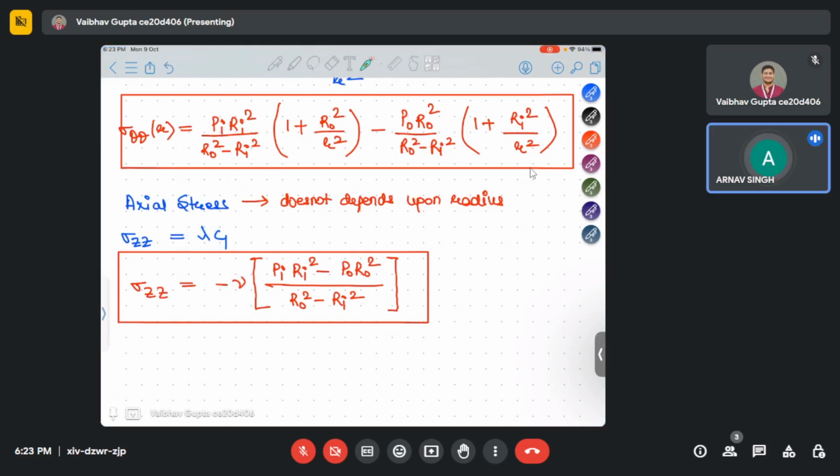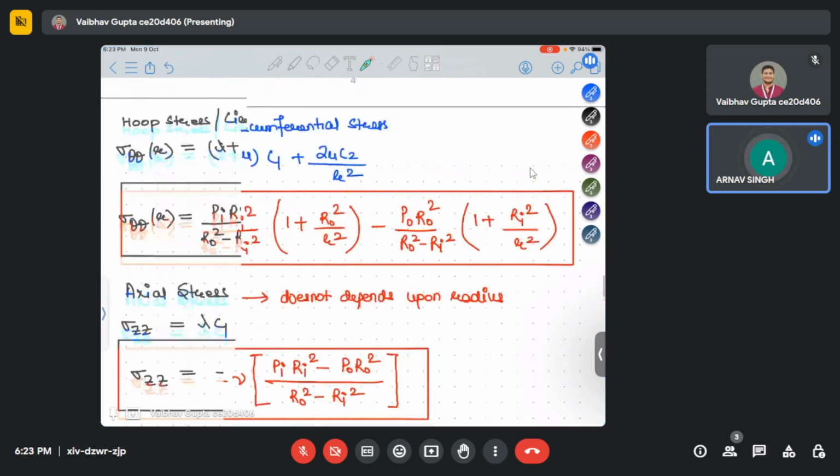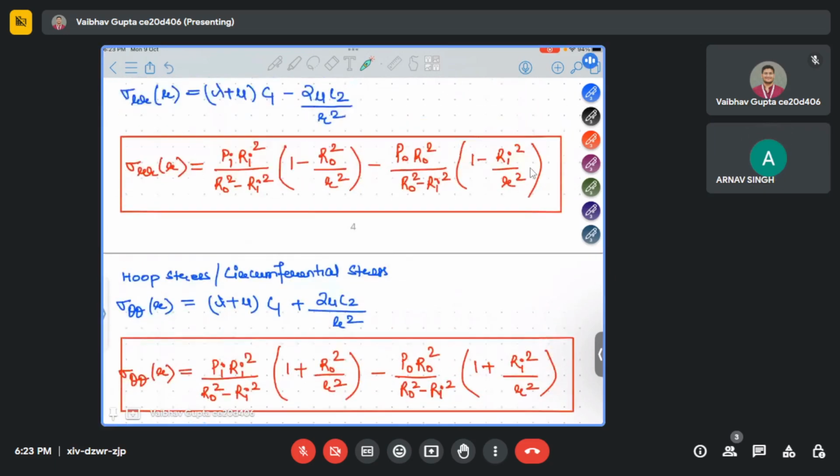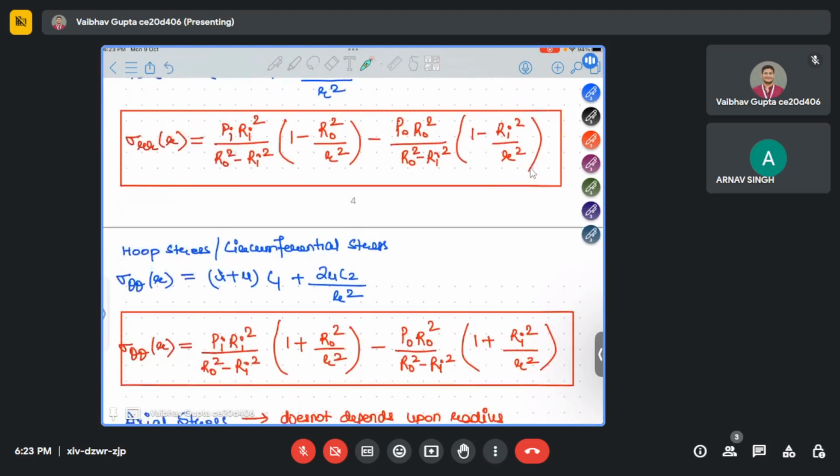Otherwise, all are small r only. I didn't use any lambda and mu terms because these are Lame's constants. I need to change it. Sigma theta theta, sigma r r is equal to lambda plus mu. Yes, lambda plus mu.